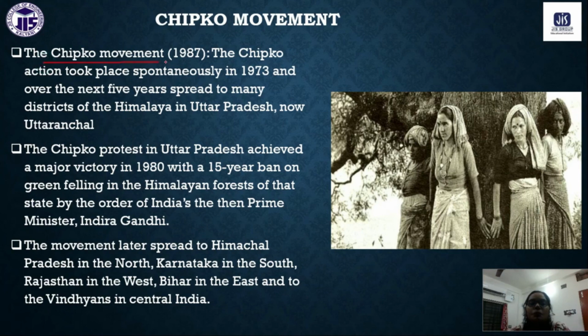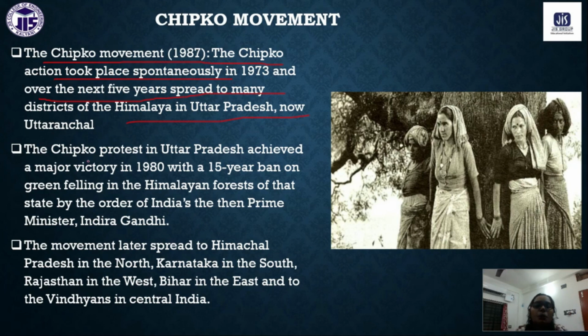The Chipko movement action took place spontaneously in 1973. Over the next 5 years it spread to many districts in Uttar Pradesh and Uttaranchal.